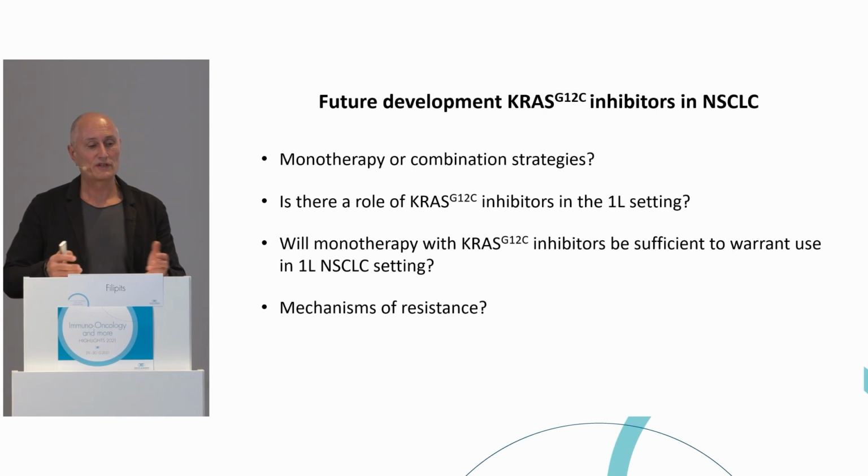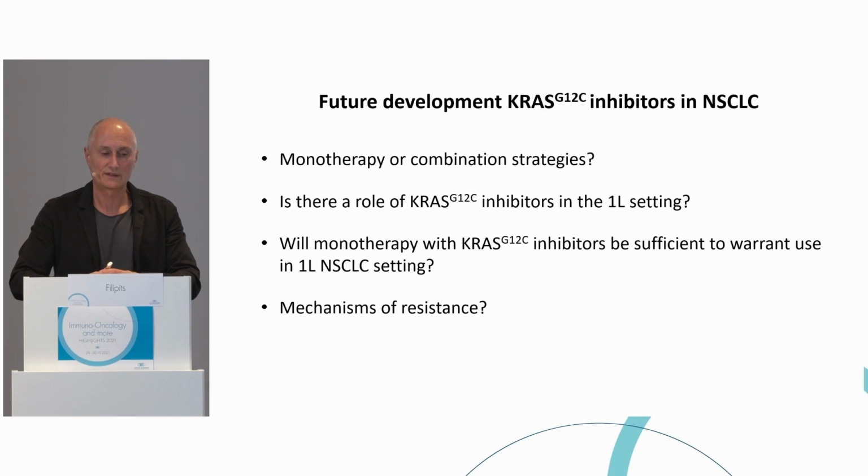So what are the questions for the future development of KRAS G12C inhibitors in non-small cell lung cancer? Will it still be monotherapy, or will it be more effective with combination strategies? When you saw the efficacy of the monotherapy, I doubt that this will be the way it should be moved forward.